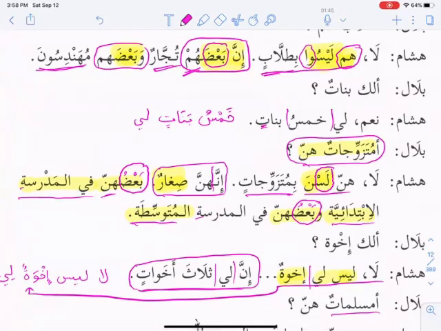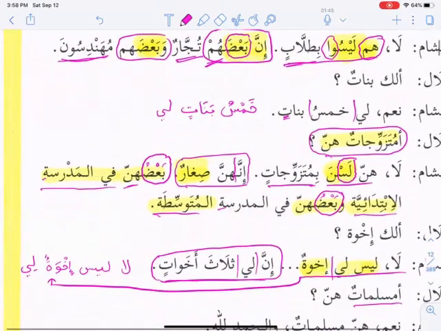Alaka ikhwatun? Do you have brothers? La, laysa li ikhwatun. I don't have brothers. So, inna li salasa akhwatin. See now, inna, verily, salasa akhwatin li.